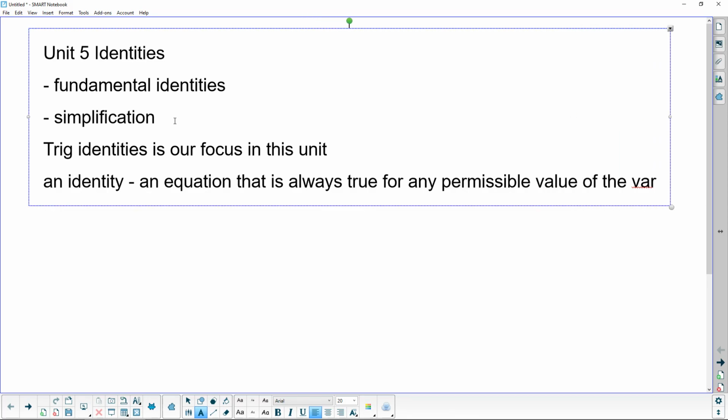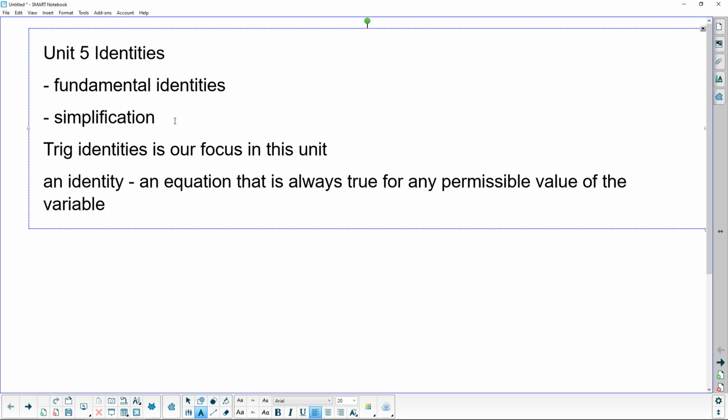So it's just a math expression that works all the time no matter what number or value you put in, as long as it's not a non-permissible value like a negative square root or something like that.